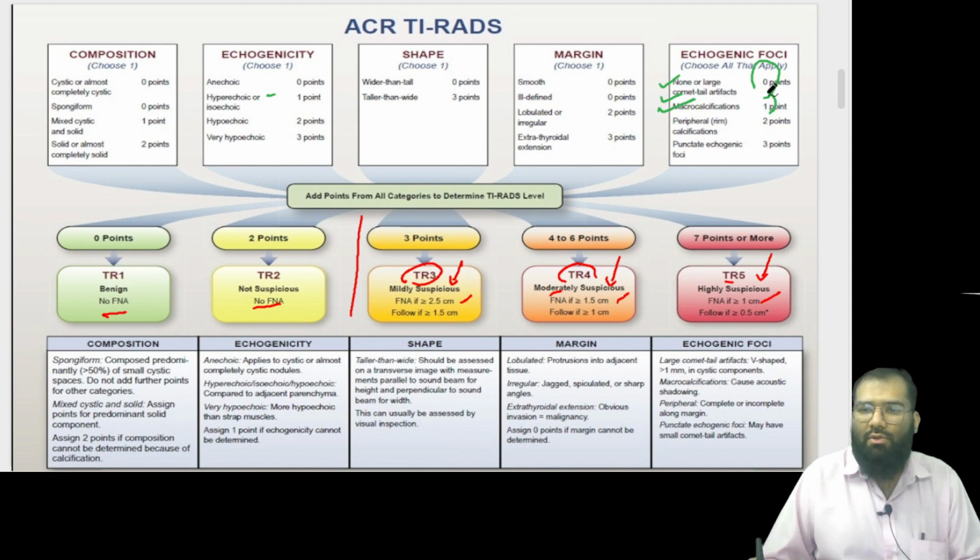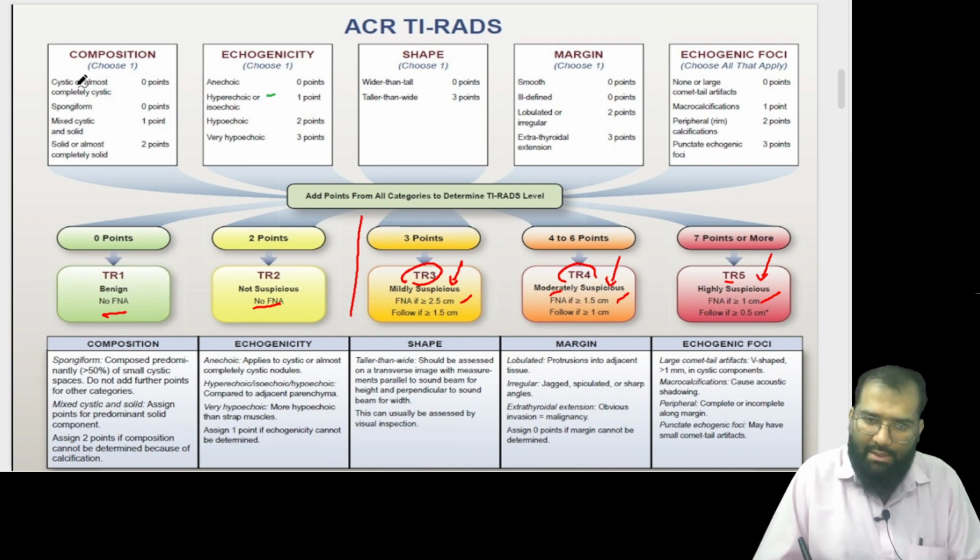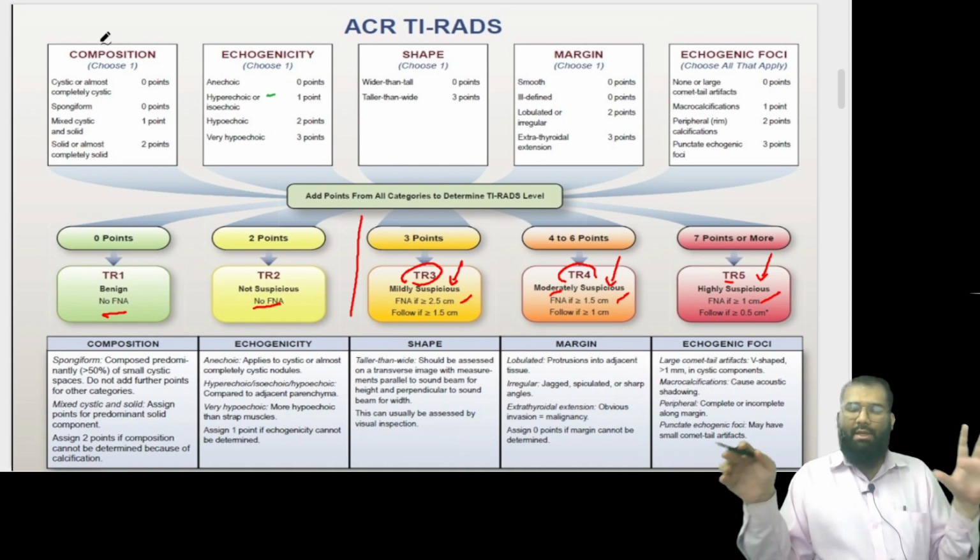Macro calcification, you give 1 point. Peripheral calcification, you give 2 points. Punctate echogenic foci, you give 3 points. Because remember, microcalcification is malignant. So if it's punctate calcification, it would be gaining higher points, that is, more towards malignancy. Okay, got this thing clear?